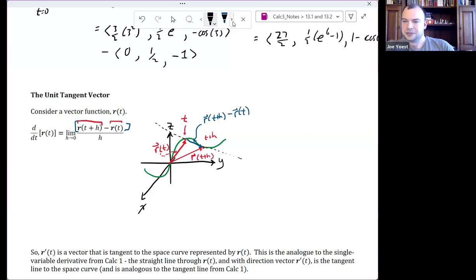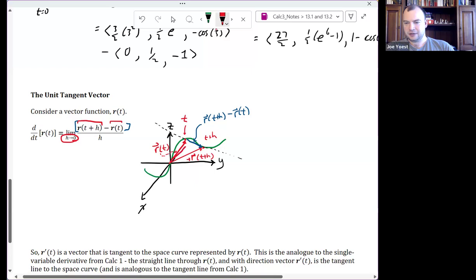As h goes to 0, as we take this limit, this r of t plus h vector starts to look more and more like r of t.